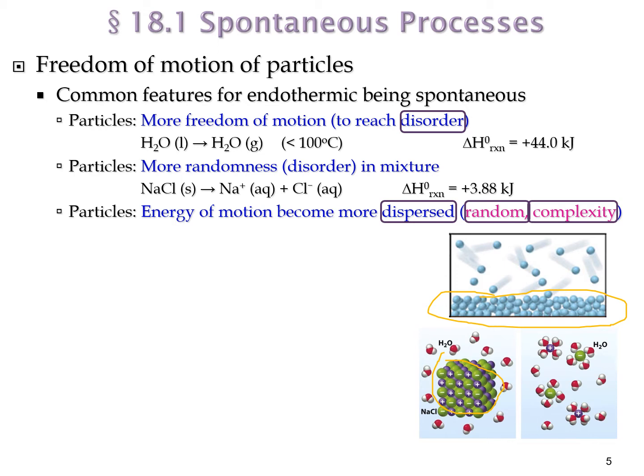If we can make the reaction more disordered, more random, with more energy dissipated or dispersed, and make the system more complicated, all of these will be driving forces to make a process spontaneous.